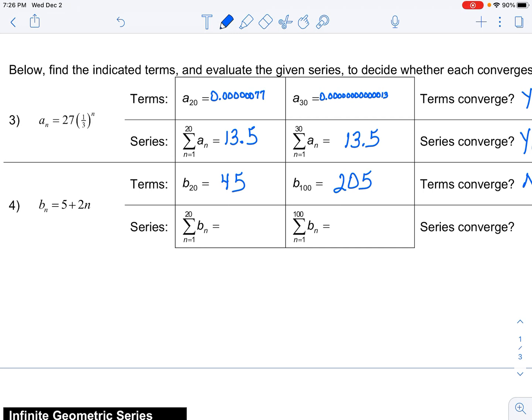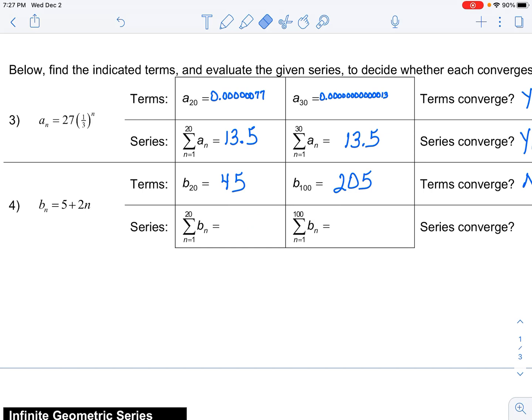And now for my summation, I'm going from x equaling 1 to 20 of this function 5 plus 2x. If I type that in, the series of this, if I add all those together, I get 500. Then if I change that 20 to a 100, because I want the sum of the first 100 terms, this is 10,600.